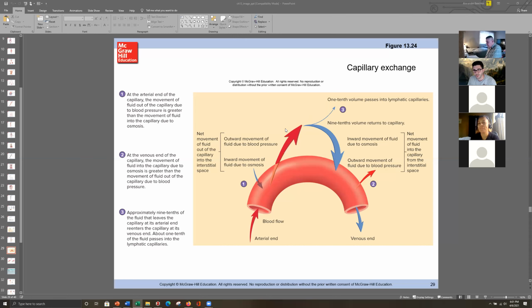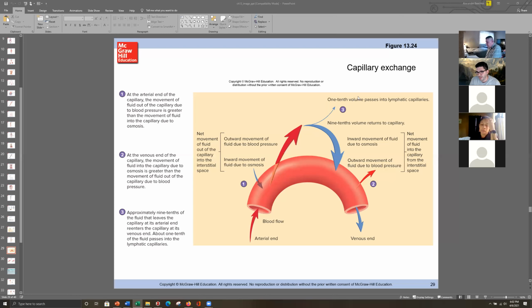So it's still a concentration gradient, except now instead of pressure, it's an osmotic gradient. So we've got more water outside, less water inside. So all of that water and fluid will move back in. I shouldn't say all, it's 90% of that fluid. So the other 10% ends up staying out here in the interstitial space.